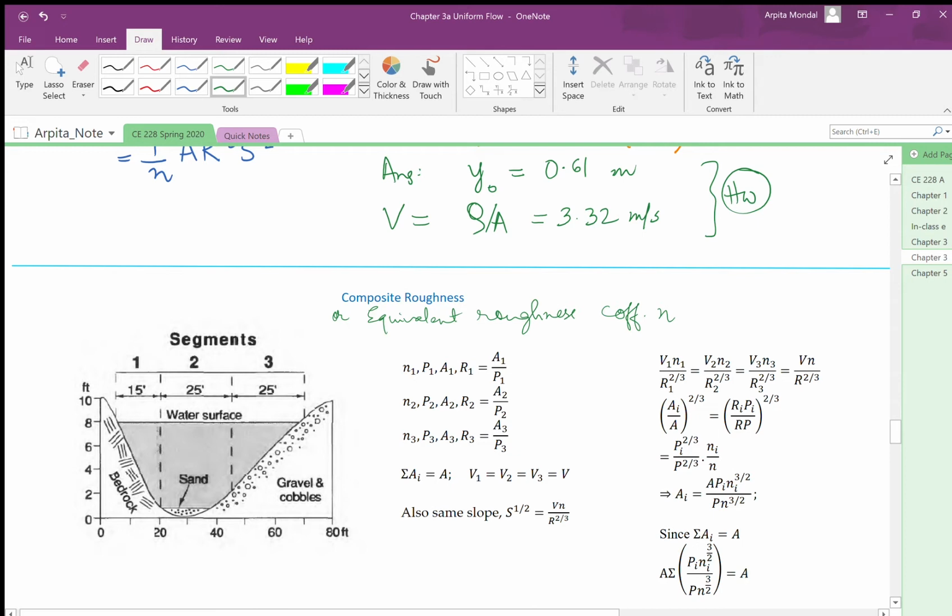So here in this cross section we can see that a part of the channel bed consists of bedrock, which would have a certain value of the roughness coefficient. Then there is this middle part which consists of sand, and we have a third part which is consisting of gravel and cobbles.